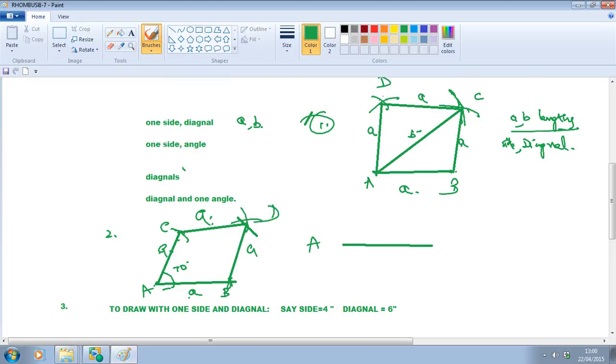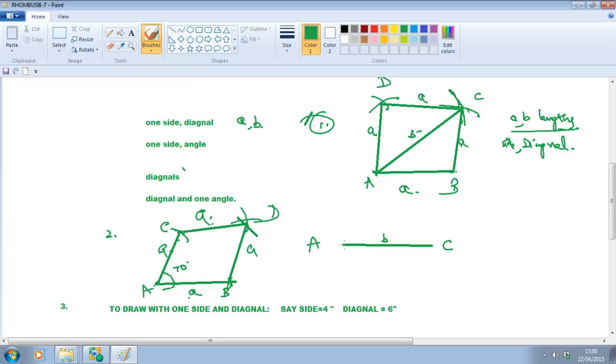For example, similar to the first problem we take. First, you draw AC. AC is equal to B, let us take. This is B. The other length of the diagonal, let us take it as E.